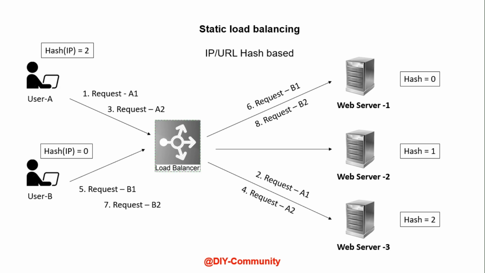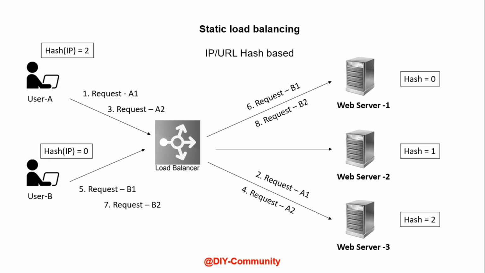Assume that the load balancer is getting a request from user A and it is transforming it into hash key 2. Automatically, the load balancer will forward this request to the server which is configured to process requests for hash key 2.